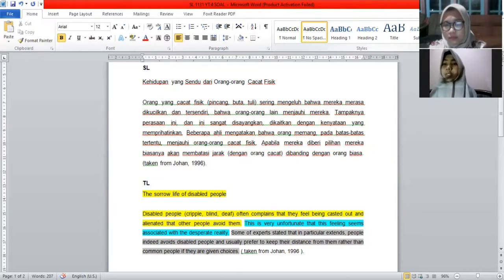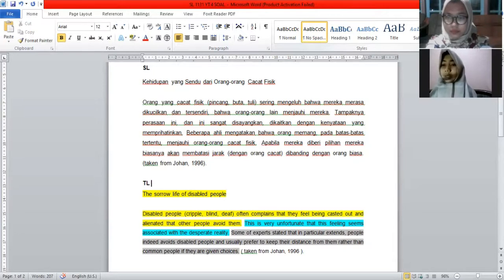So we translate it using the modulation procedure, where there is a change from one phrase to another without changing the meaning or the essence of the source language itself, in order to be equivalent or compatible with the target language.